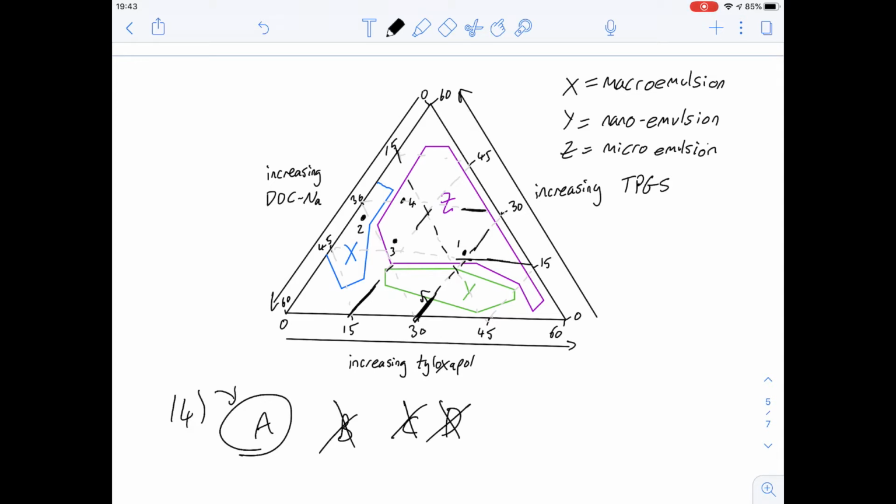At 15% tioxopol, we've got P, and at 30% we've got Q. If you follow this line up, P has to end up in this purple region, meaning that it's going to form a microemulsion. And then Q can be passing through this X region.